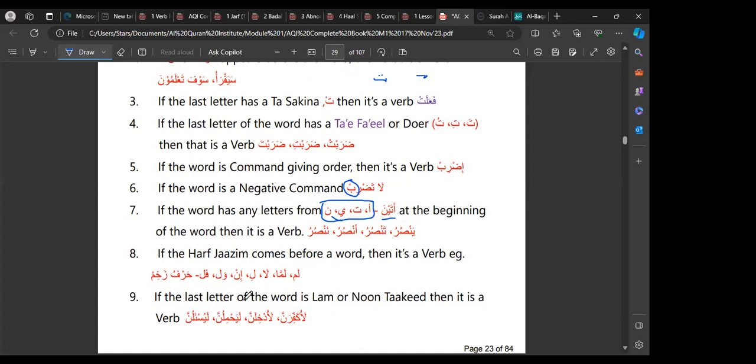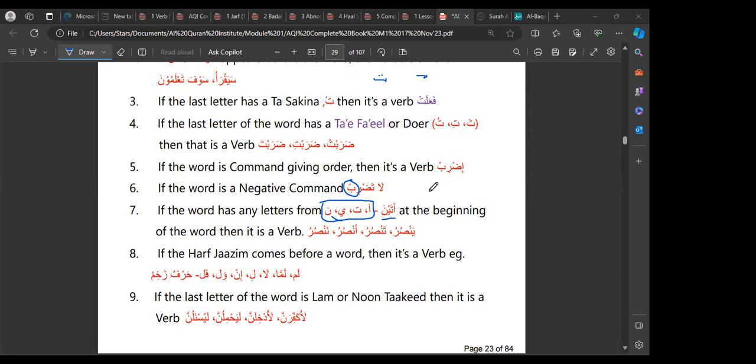If the last letter of the word has lam or noon ta'keed, then it is a verb. And when you're familiar with verbs later on, the fact that it has a noon at the end like this, you'll recognize it, inshallah. But for now, just know that. Should it be tashdid? Ta'keed is emphasis.